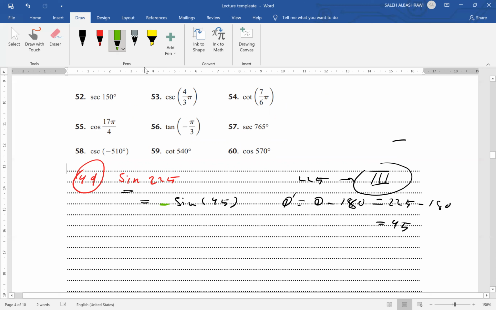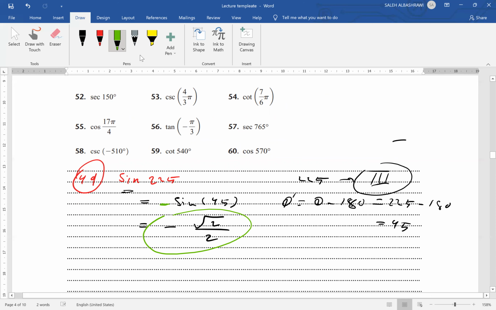That will be 45. And we know that the sign is negative in the third quadrant. So sine of 225 equals minus sine 45, which is equal to minus square root of 2 divided by 2. So this is the value of sine 225.